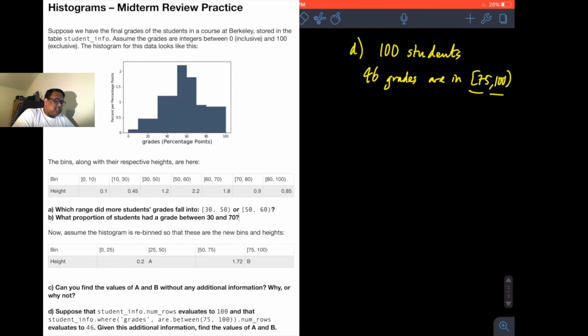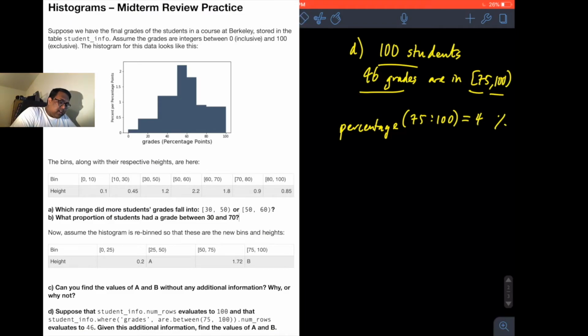So what this is telling us actually gives us the proportion of values that are in the last bar, because it's telling us number of values over total number of values, right? So the proportion of the 75 to 100 bar is equal to 0.46. So actually we can say the percentage is equal to 46%, because that's just 46 divided by 100.